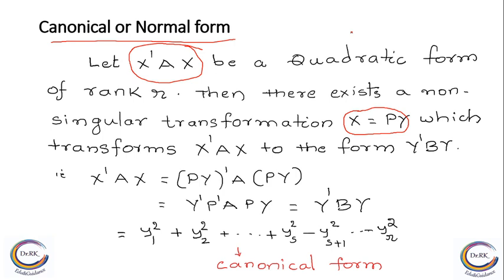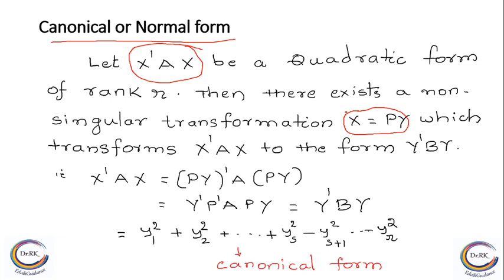Then we can write them as x equal to Py. That means this matrix P is transforming y into x. That's why this is called a linear transformation, where P is a non-singular matrix.